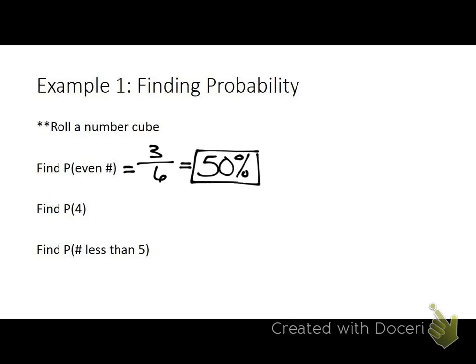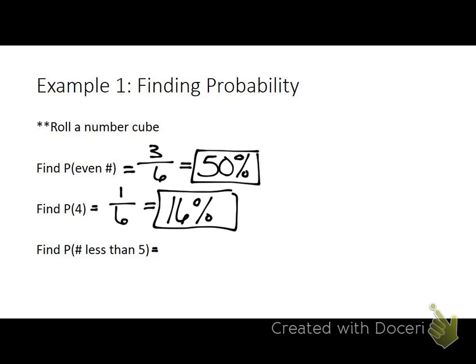It's half. All right, so now I want you to find the probability that you roll a 4 and the probability that you roll a number less than 5. So what's the probability you land on a 4? 1 out of 6, which is what? 16%, perhaps?